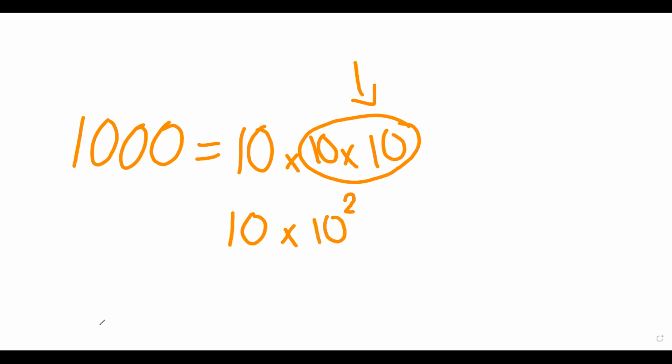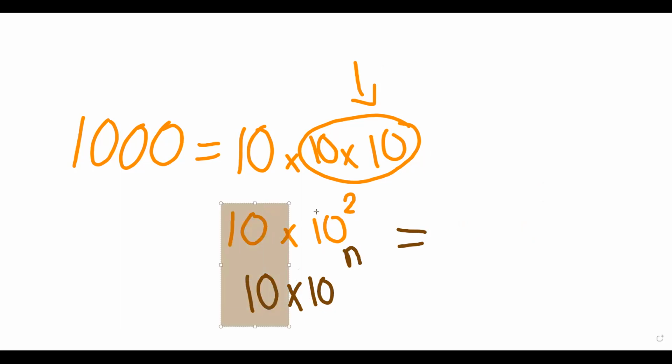My question says 1,000 is 10 times 10 to the power n. So put them under each other. This 10 goes with this 10, this 10 goes with this 10. So what is the value of n? 2. Yes, that's it.